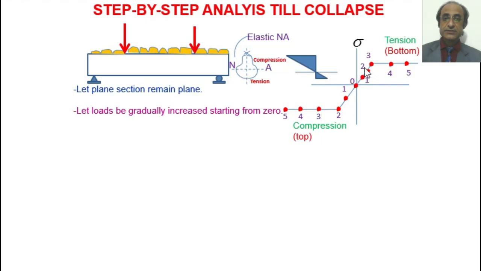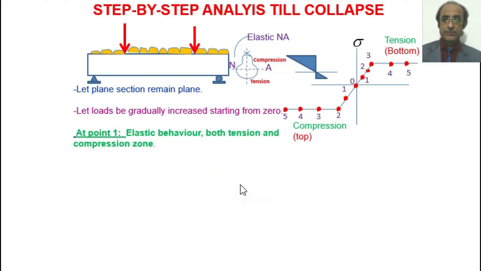And then when the tension side reaches the yield stress at point number 3, the compression side moves beyond the yield point. And finally at point number 5 we have the final plastic section. So we can just brush through these sequences.